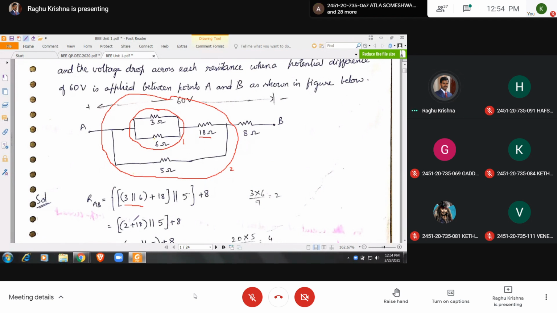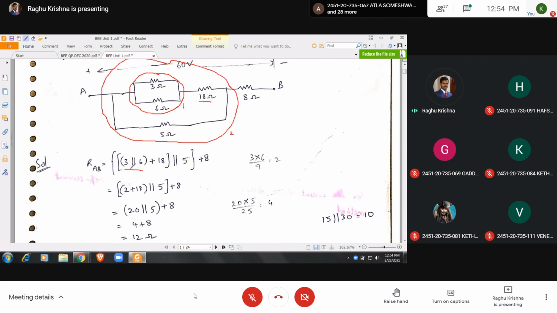Now here I found the parallel combination of 3 and 6. If they are connected in parallel, the equivalent resistance is 3 into 6 by 3 plus 6, which is 18 by 9, equal to 2. So 2 plus 18 is in parallel with the 5.